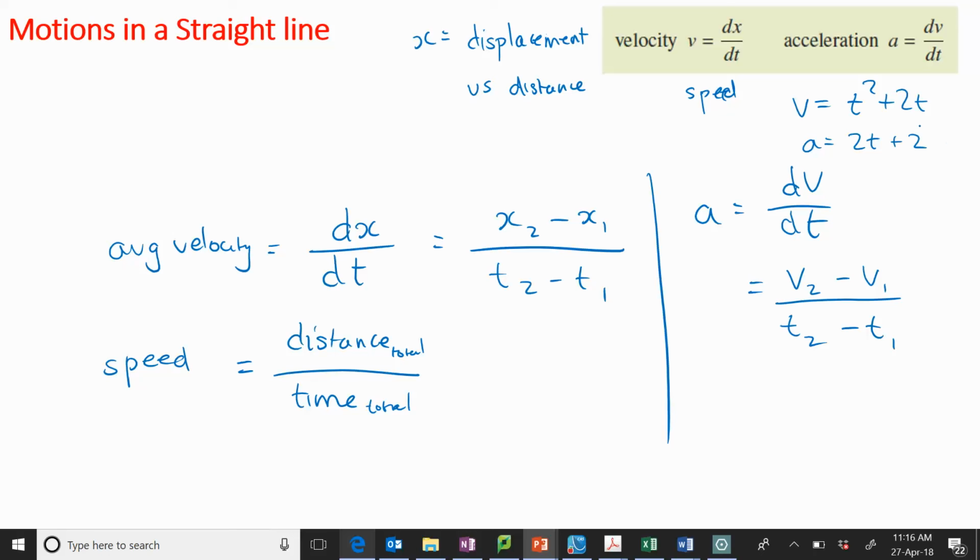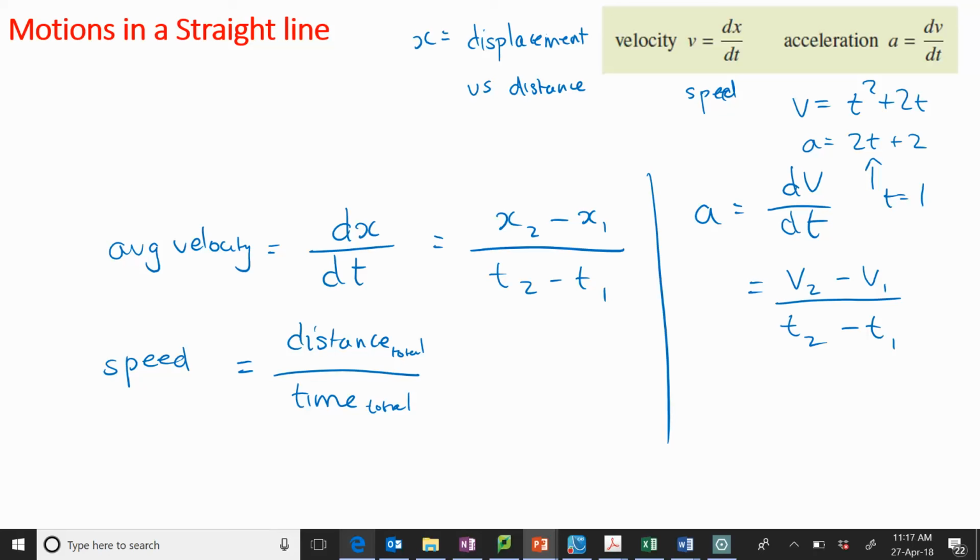This will only tell you the average acceleration over whatever the intervals are, but if you want to know the acceleration at a particular point, then you'd say at time equals 1 second, my acceleration is.